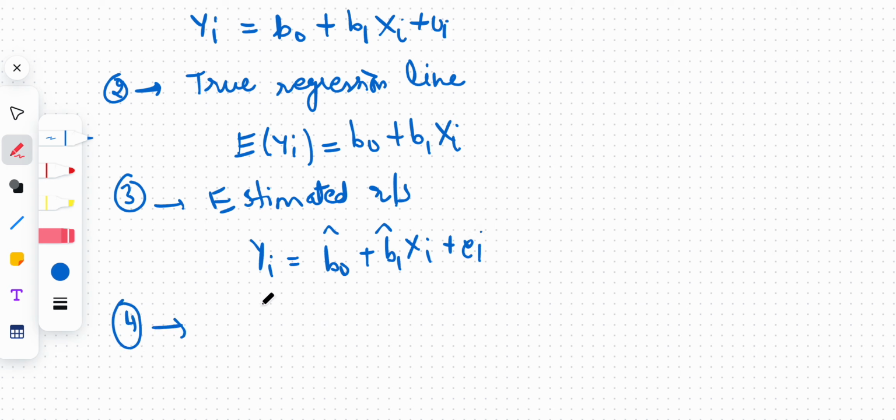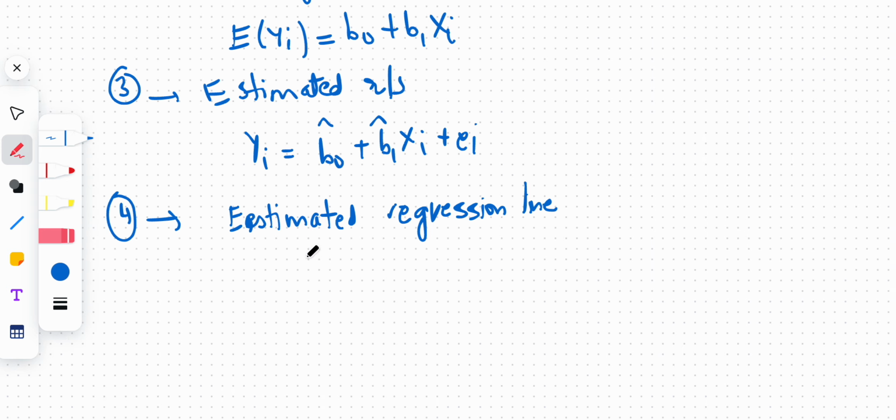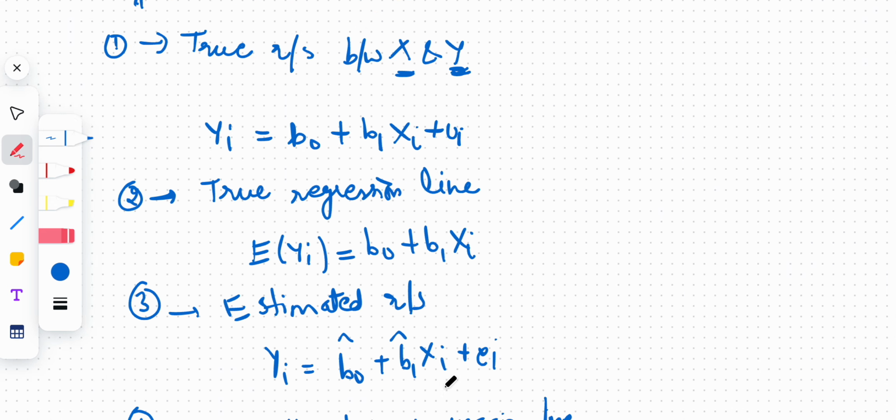Fourth is my estimated regression line. So you get the gap, right, between everything.